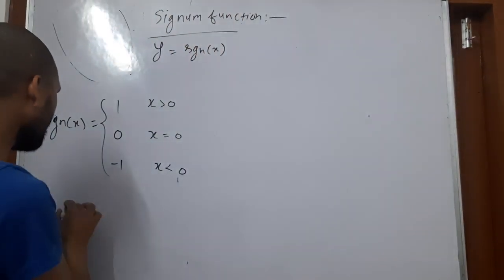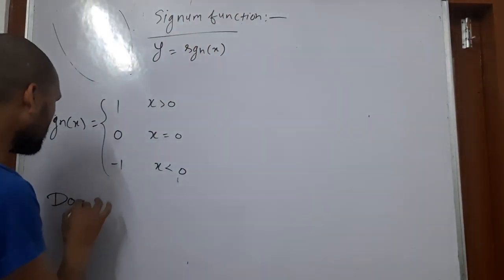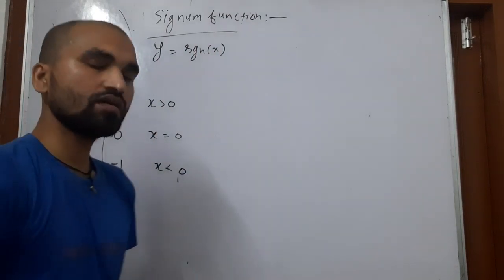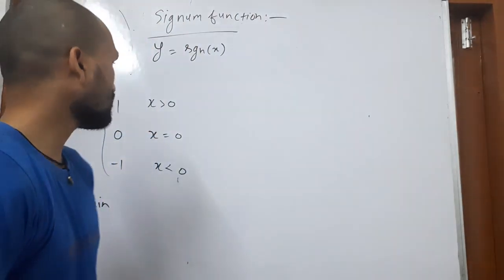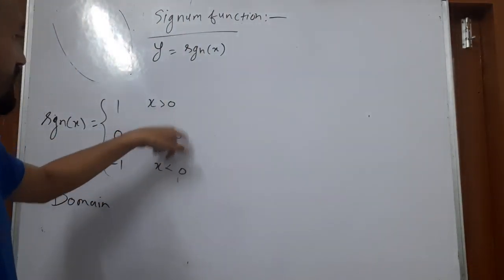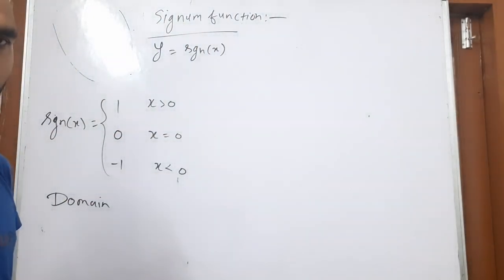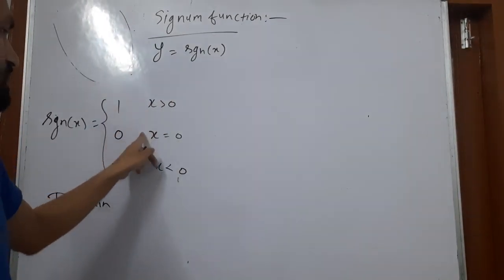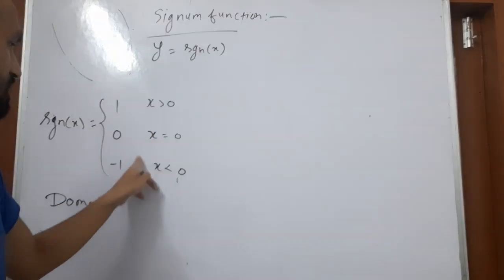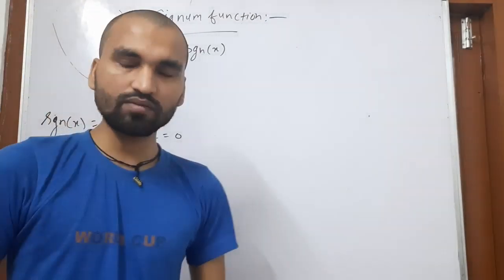So what are the domain and range? As we know, domain is the values of x for which the function is defined. As you can see here, the function is defined for every value of x. For x greater than 0 it is defined, for x equal to 0 it is also defined, and for x less than 0 it is defined as -1.